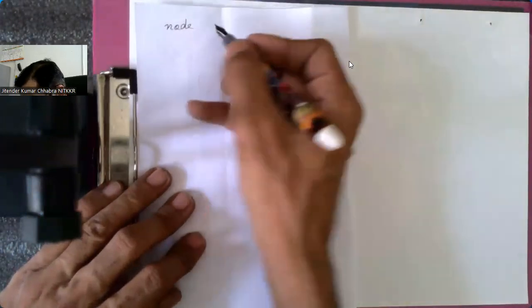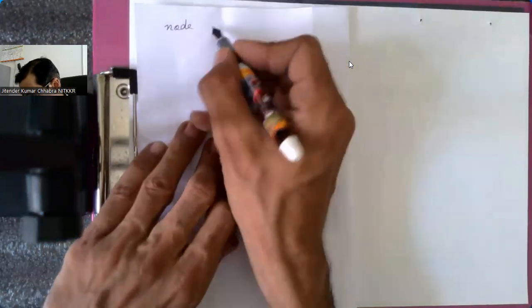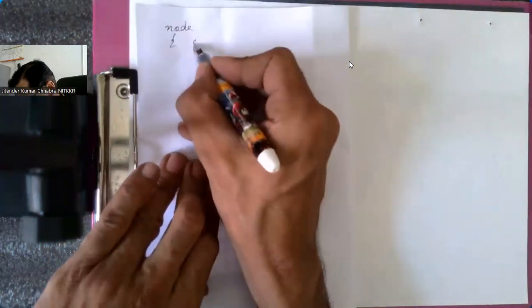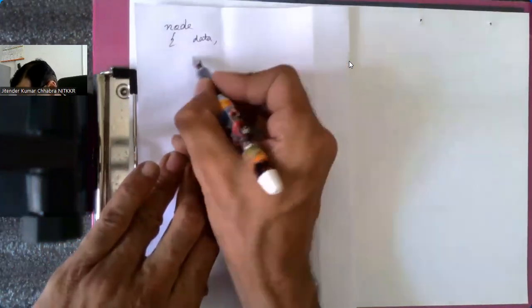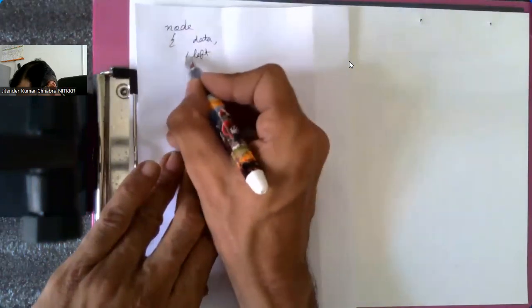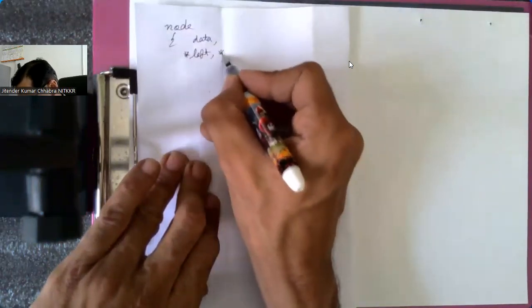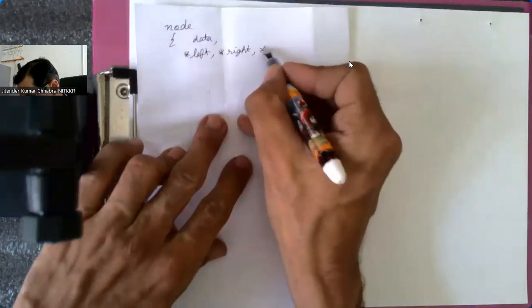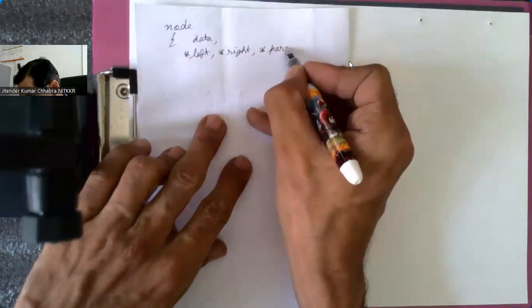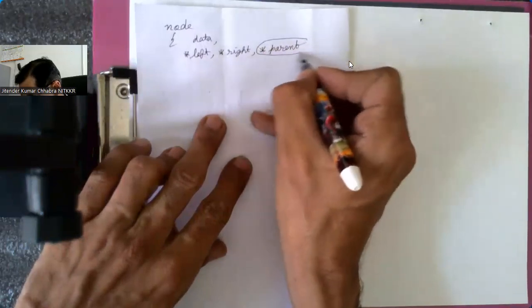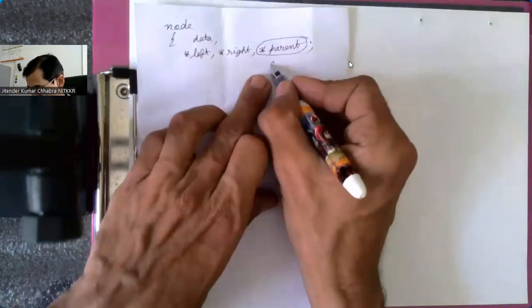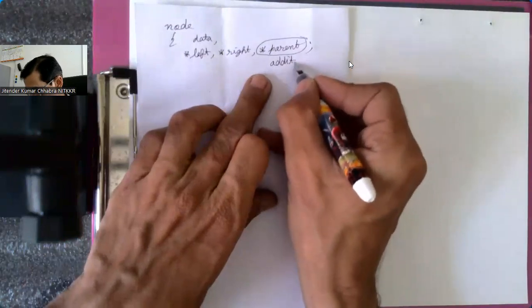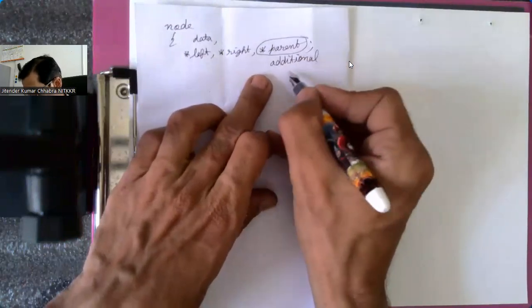Earlier, in the node I had data, along with data I had a left pointer and a right pointer. But now I will also store a parent pointer. This is additional, so this will require additional space.